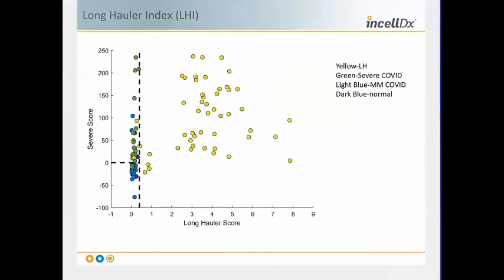Here you see a composite showing very clearly the distinction between long haulers in yellow, severe cases in green dots, mild to moderates and normals in light blue and dark blue, below the two dotted line cutoffs, so that we could clearly delineate using a multi-disease classifier, mild to moderate from severe from long haulers, just based on their immune profile.